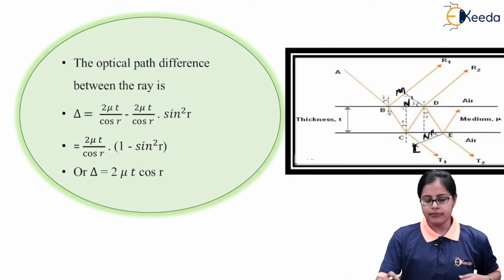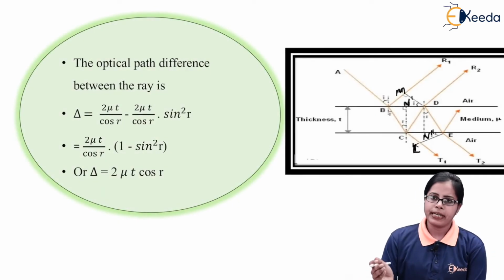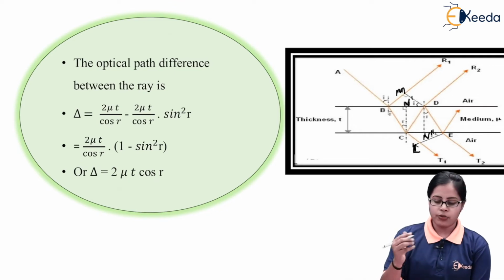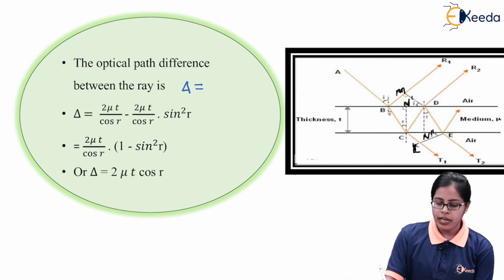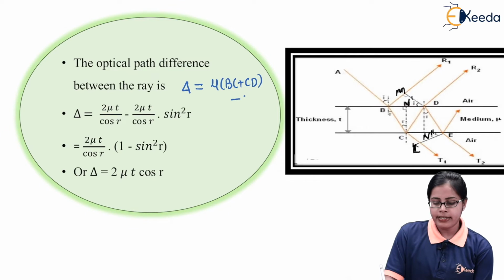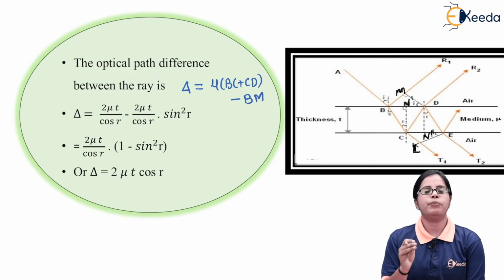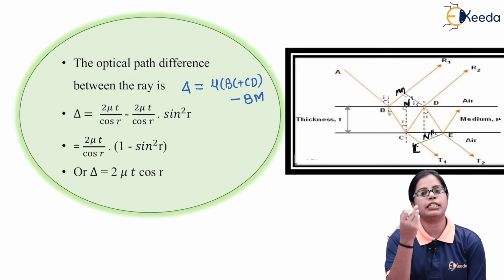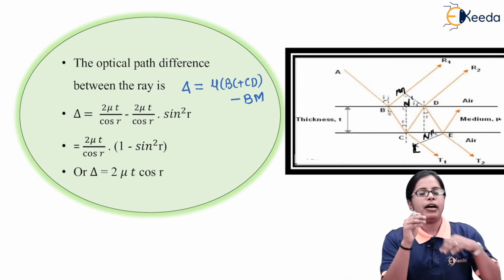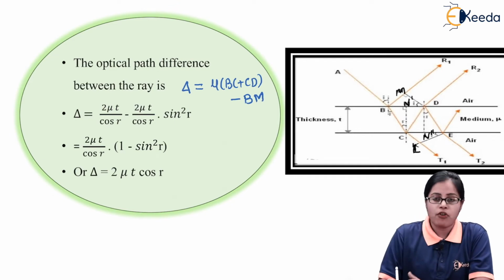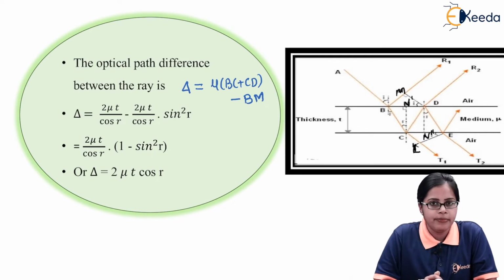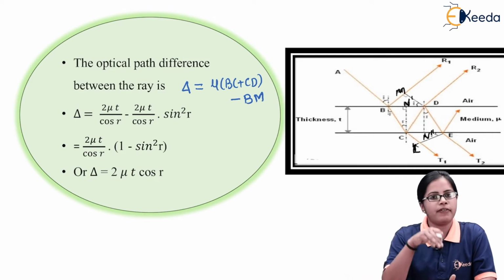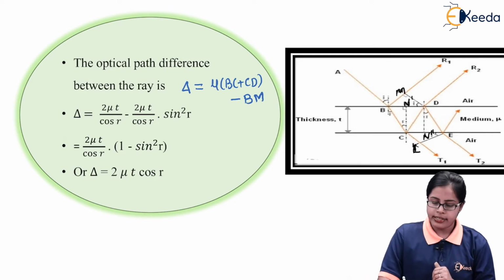Now, if you remember, for the optical path difference between the two rays, we had written that the optical path difference is nothing but mu into BC plus CD minus the BM value, where mu into BC plus CD is the path measured in the film, and BM is the path measured in the air. We have already calculated BC and CD, as well as BM, so we are just substituting the values in this equation.